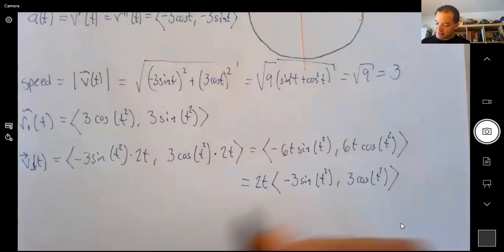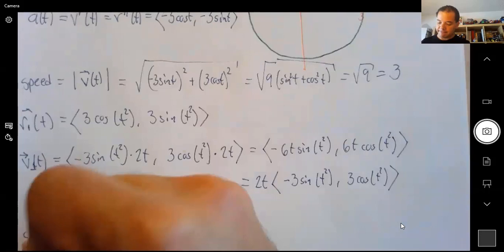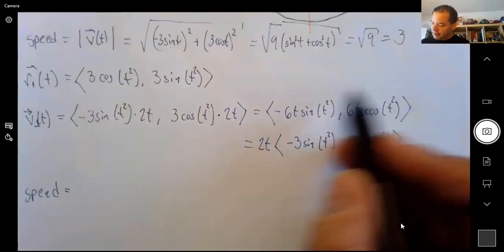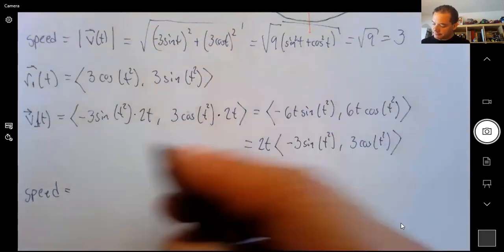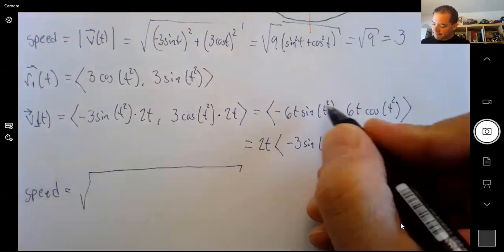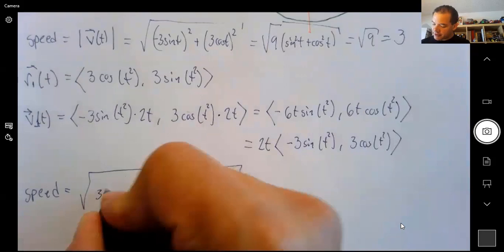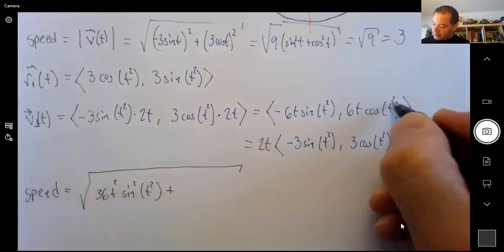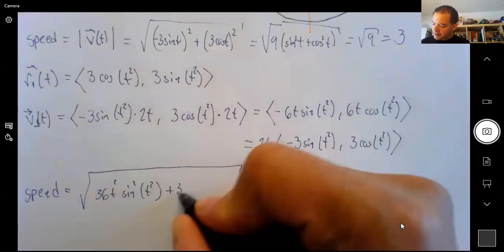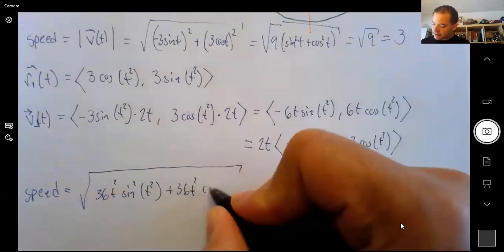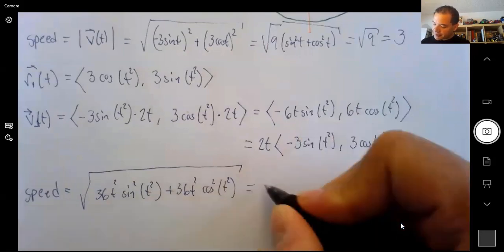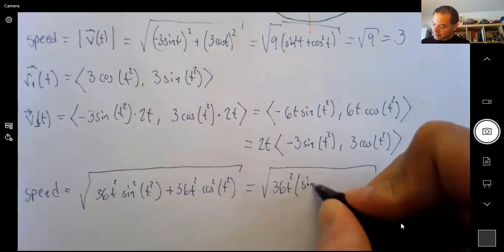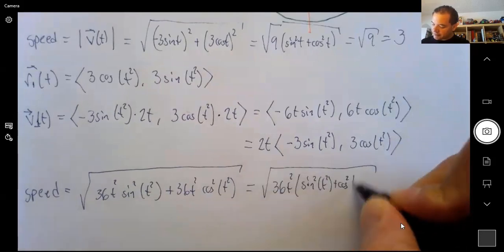So let's calculate the speed in this case. The speed in this case would be the magnitude of this vector, which would be the square root of 36t² sine squared of t² plus 36t² cosine squared of t². If you factor the 36t², it is sine squared t² plus cosine squared t².